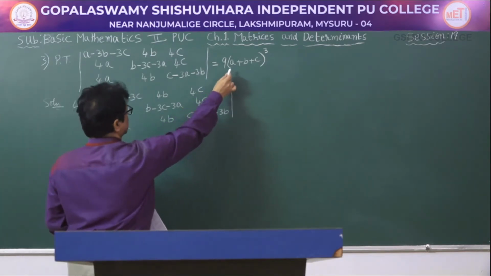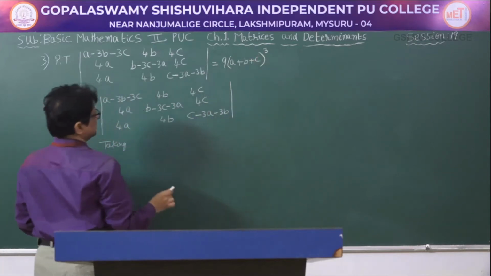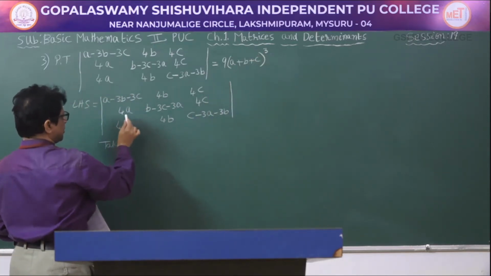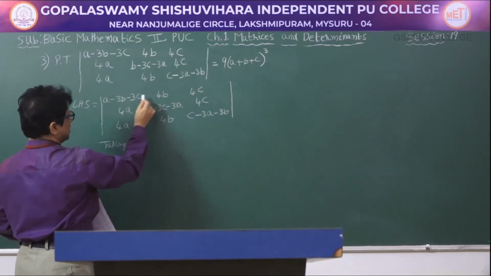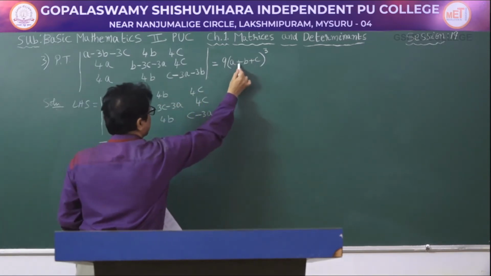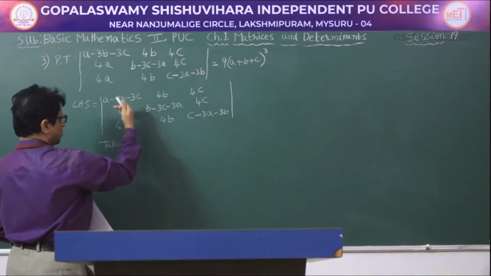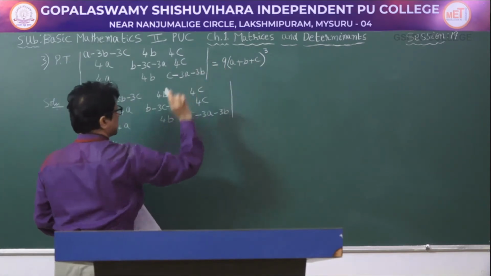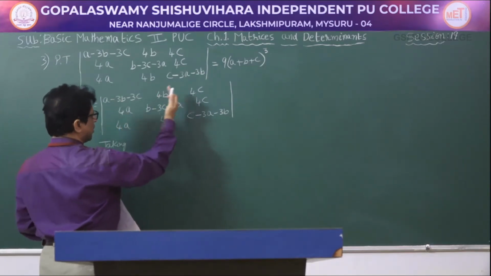If you observe this, you should get 9 times (A plus B plus C) whole cube. If you add column wise, A minus 3B minus 3C plus 4B plus 4C, we will get A plus B plus C. If you add row wise, you will not get A plus B plus C. Therefore, you have to take the column wise.